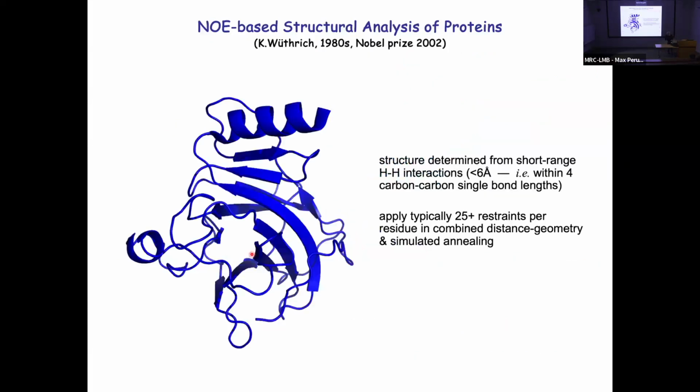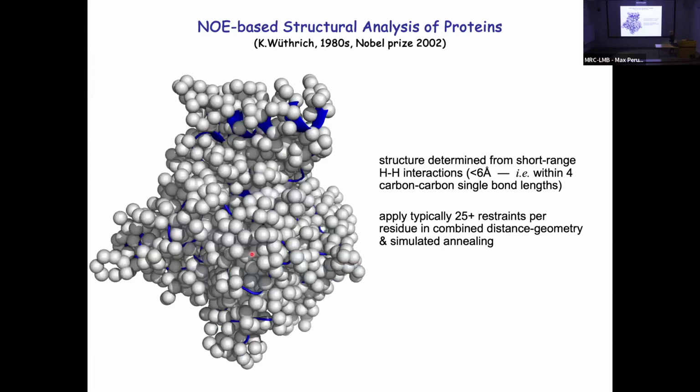In the early 2000s, well, from the 1980s, Kurt Wüthrich's group in Zurich was working on an NOE-based structural analysis of proteins. He was awarded the Nobel Prize in the early 2000s for this work. And what you take is the backbone of a single domain of a protein, and you look at the position of hydrogens in there.